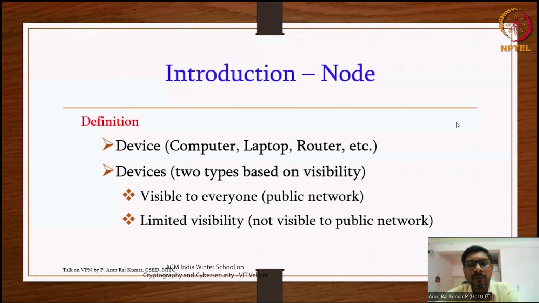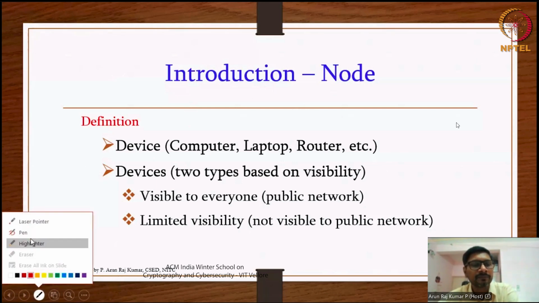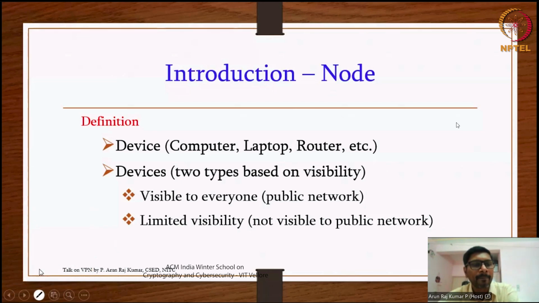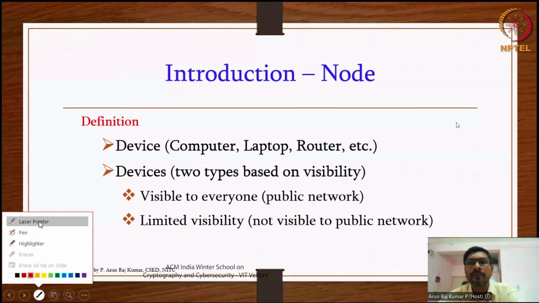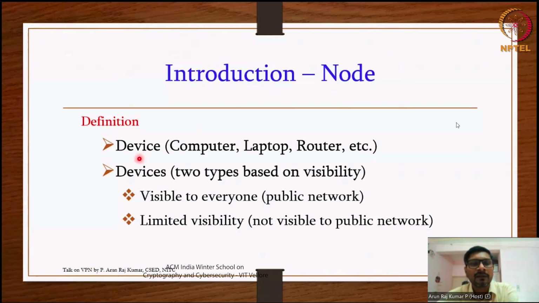Visible to everyone is the public network, and limited visibility is not visible to the public network.